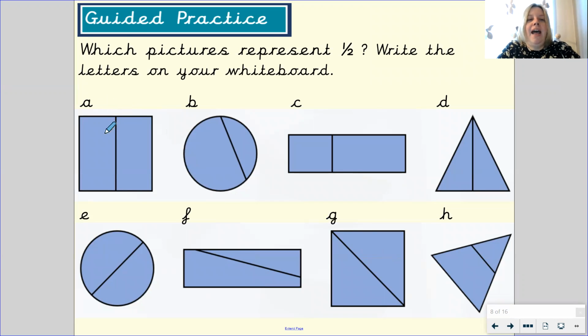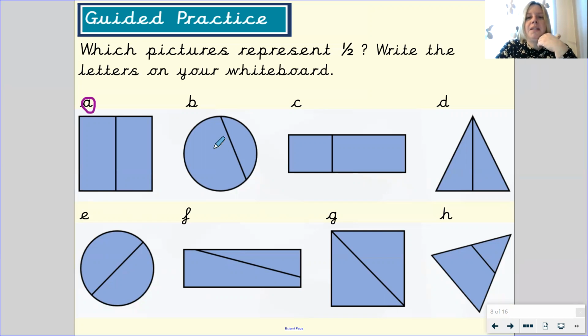If we look at picture A, we can see that the square is split into 2 parts that are equal. So picture A shows me a half, and I'm going to circle that so we can remember. If we look at picture B, the circle is split into 2 parts, but are the parts equal?